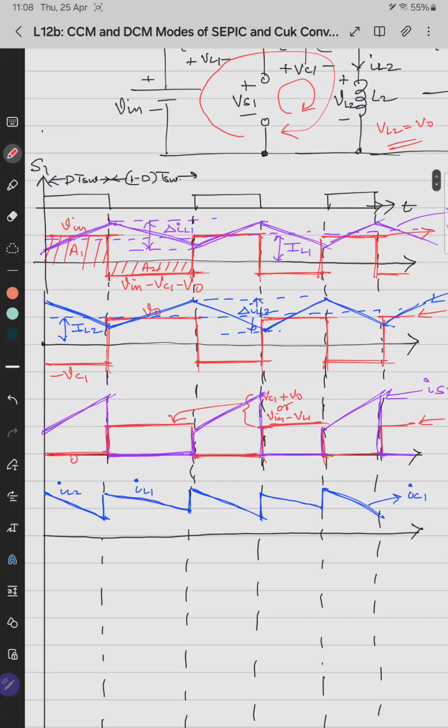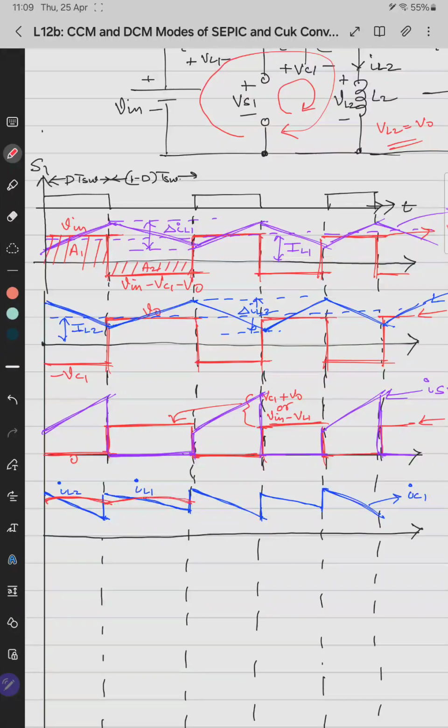So IC is C dV by dt, so V is 1 by C integral of i dt. We have to do the integration. The integration of a ramp signal is what? A quadratic signal. Here the ramp is falling, so the quadratic signal should fall. So the voltage waveform is somewhat like this.